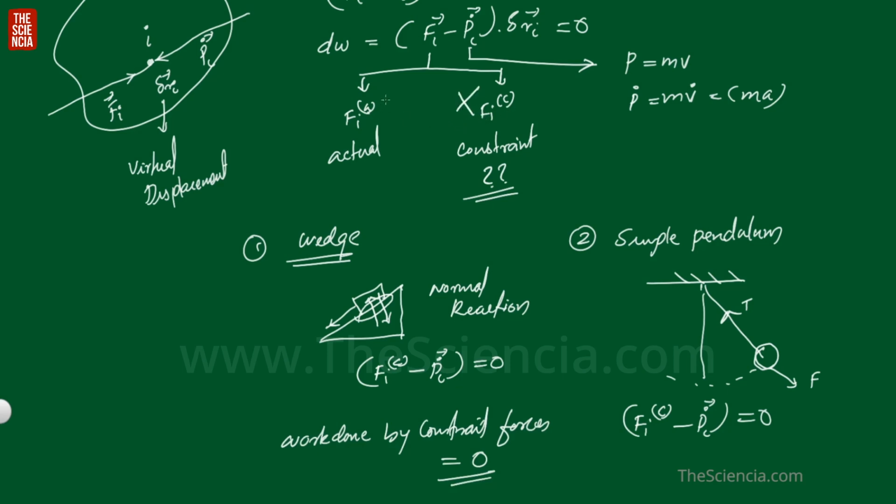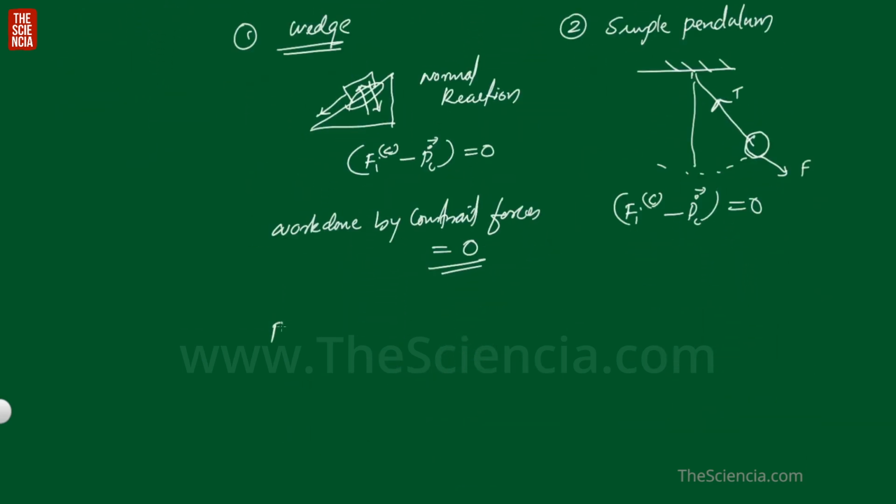So what we want to consider is only the actual force and the virtual displacement. So I can rewrite this equation as follows. That is, (Fi^a minus Pi dot vector), so this is also a vector, dot delta Ri equal to 0.